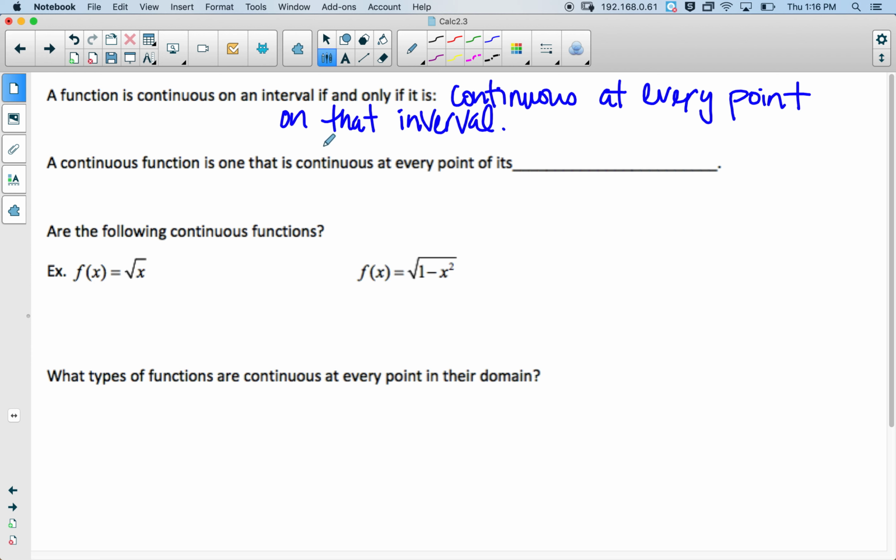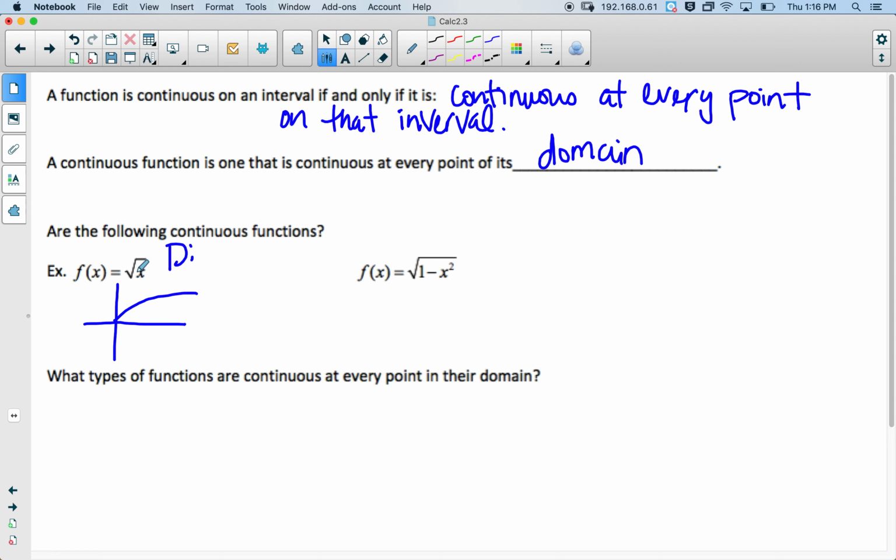Now, a continuous function is different. A continuous function is one that is continuous at every point of its domain. Okay, so let's take a look at these two examples, and we'll talk about these two. F of x is equal to square root of x. That's like this. So let's think about this.